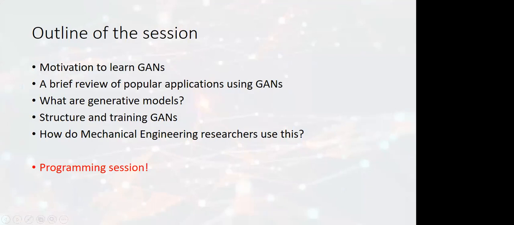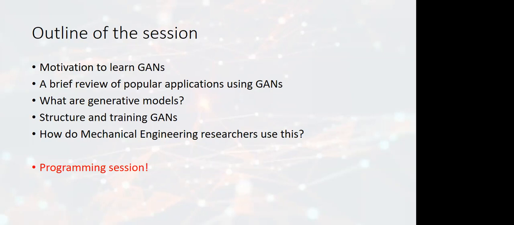Before we move forward, here is the broad outline of what we'll be doing today. I'll begin by showing some motivations to learn GANs and move to present a brief review of the widely used GAN-based applications. Then we will see what generative models are. Since GANs is basically generative adversarial networks, we'll try to see what essentially constitutes the generative part of the model. Then we'll look at the structure of the GAN.